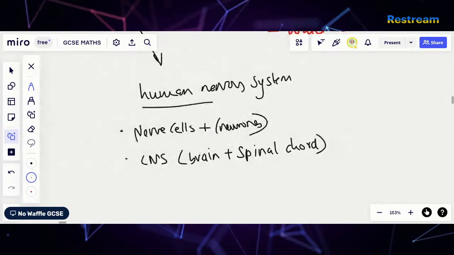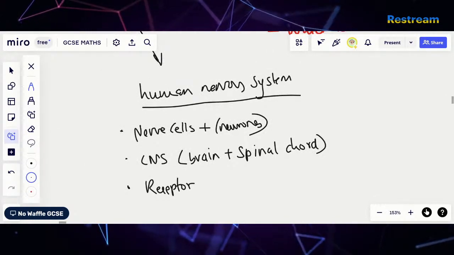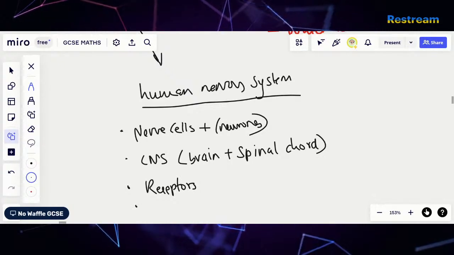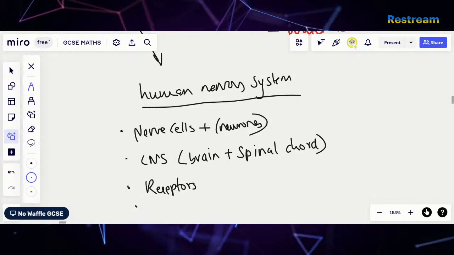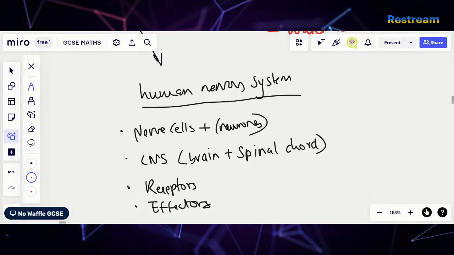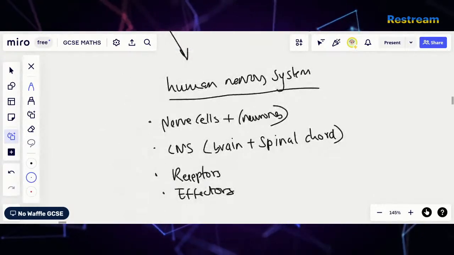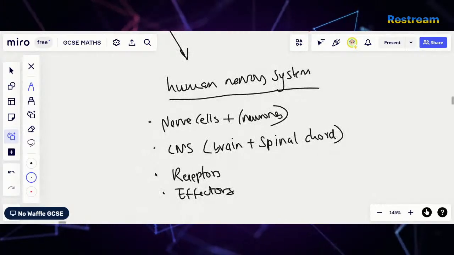And then you have other parts such as receptors, coordination centers, which is the CNS, and effectors.